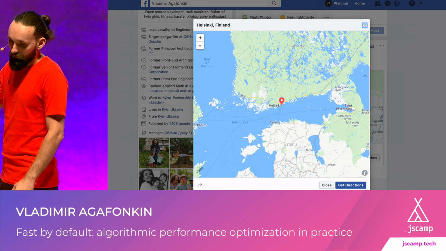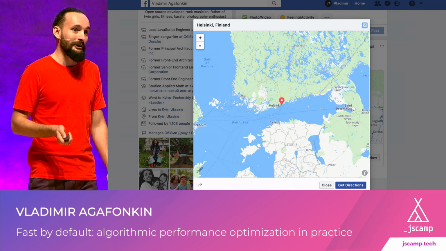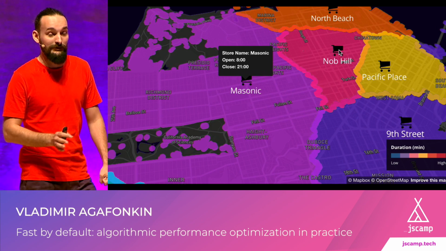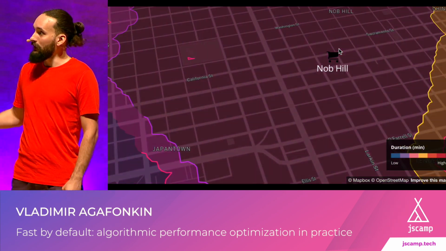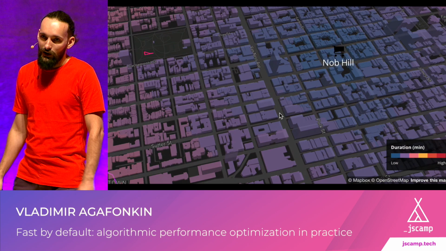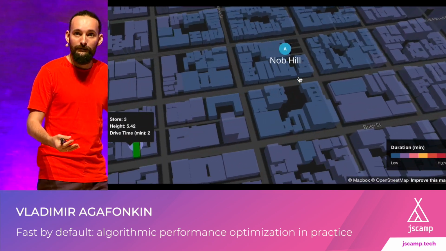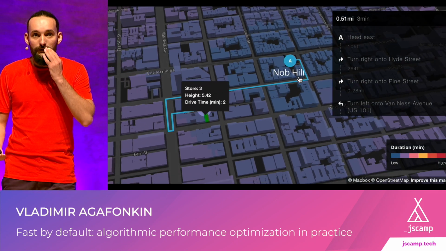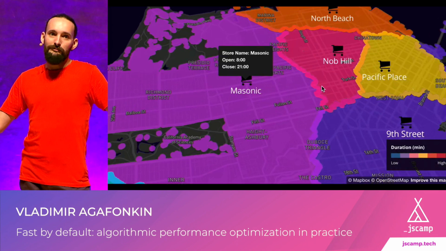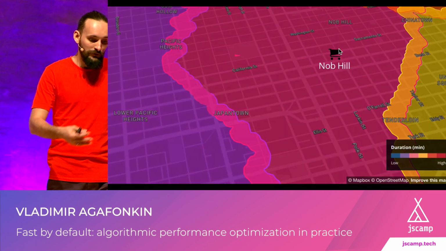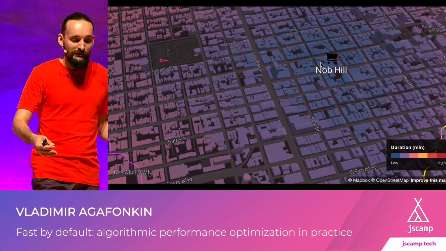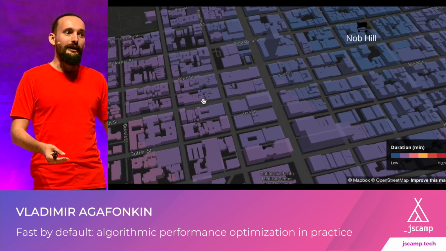But for the last 6 years, I've been working on a very different kind of beast. It's vector rendering technology, where the browser pulls in raw data from the server and then renders millions of points, thousands of shapes and labels on the map in real time.